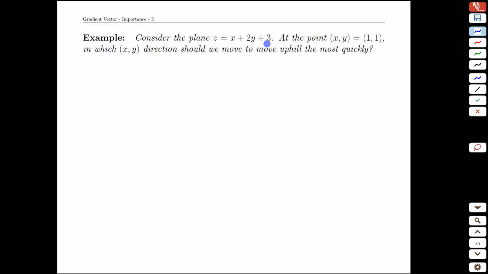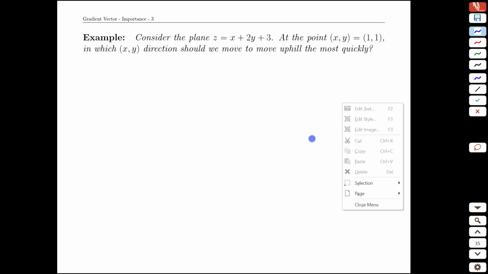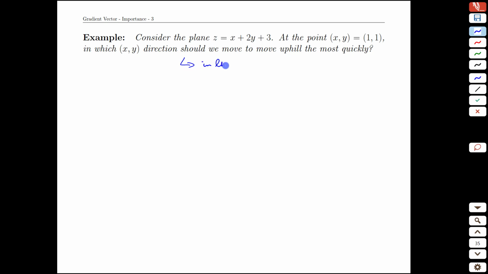We have a plane, which is about as simple a function as we can get while still being interesting. When we choose a point on that plane, the point (1, 1) as our inputs, we can find the z value. It would be 1 plus 2 plus 3, it would be 6. But if we ask from that location, which direction should we move to move uphill the most quickly, we've just answered that question: in the direction of the gradient vector.